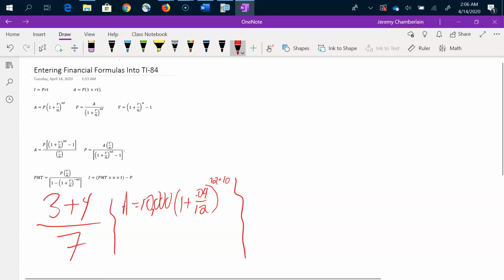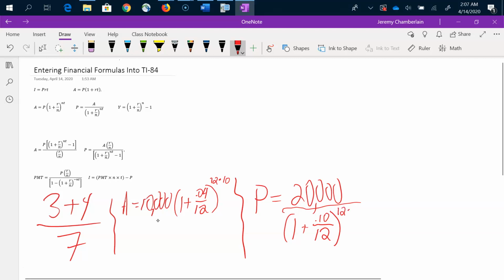Let's say that the future amount that I want to get to is $20,000, and I know that the interest rate is, let's say, 10%, and it's compounded monthly, and we're going to do this for, let's say, 10 years. Well, let's pick something, 20 years. So I've got 12 is n and 20 is the number of years.